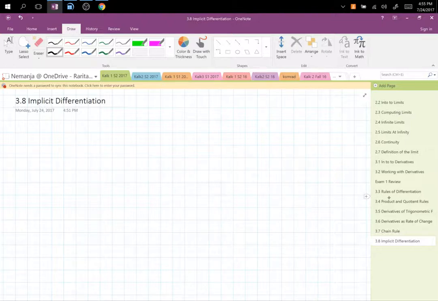Because all of these relations would have curves, and curves have tangents. And if there is a tangent line, there has to be a slope to that tangent line which came from the derivative. That means that anything that you put down on the paper must have the derivative. And implicit differentiation is the one that will deal with figuring out that derivative.